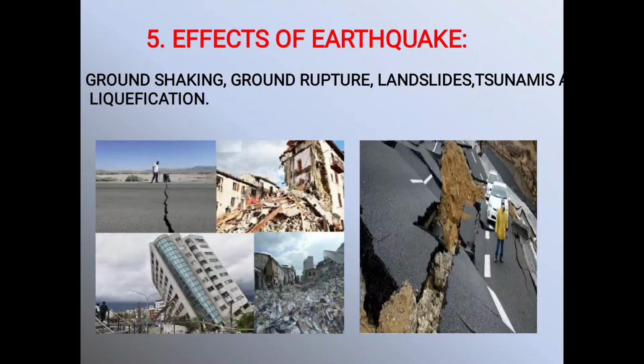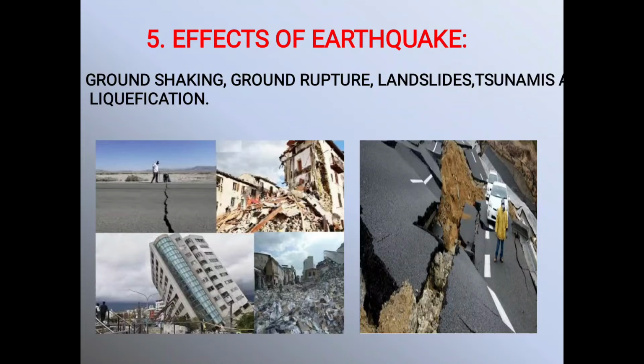Now, number one is cracks and fissures develop in the surface rock strata, due to which new springs may appear on the surface of the earth and the old springs may disappear. So, appearance of new springs and disappearance of the old or existing springs may take place.